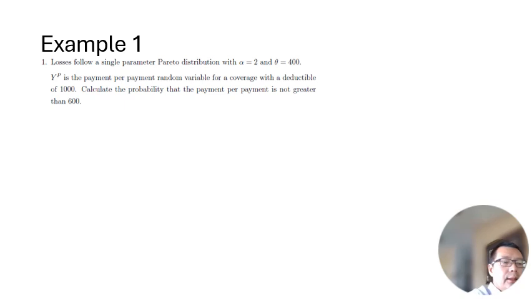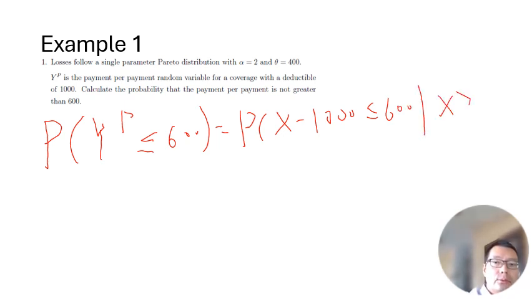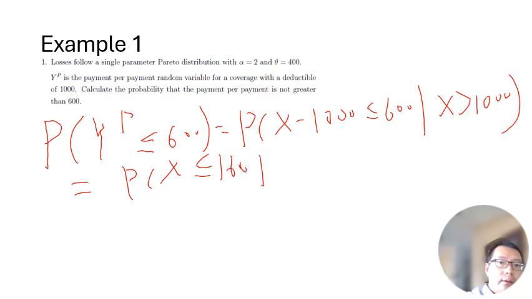So we write out the question: P of YP less than or equal to 600, which is the same as P of X minus 1000 less than or equal to 600, conditioning on X greater than 1000, because it is payment per payment. Now it can be further deduced as X less than 1600 given that X is greater than 1000.